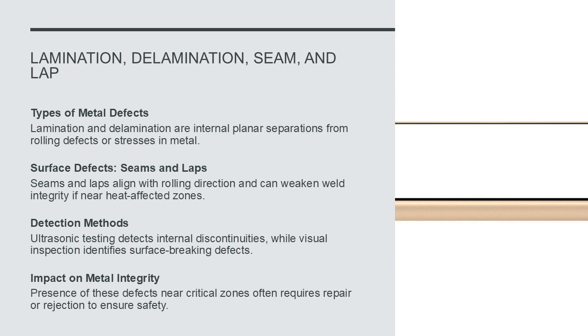Seams and laps are surface defects aligned with the rolling direction, which can compromise weld integrity if they intersect the heat-affected zone. Causes include steelmaking irregularities and poor rolling practices. Ultrasonic testing is the primary method for detecting these discontinuities, while visual inspection can identify surface breaking defects. Their presence near critical zones often necessitates rejection or repair.